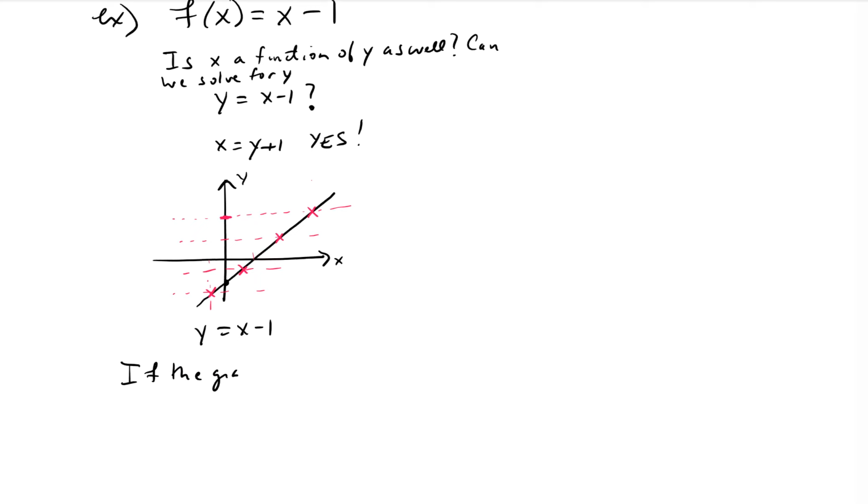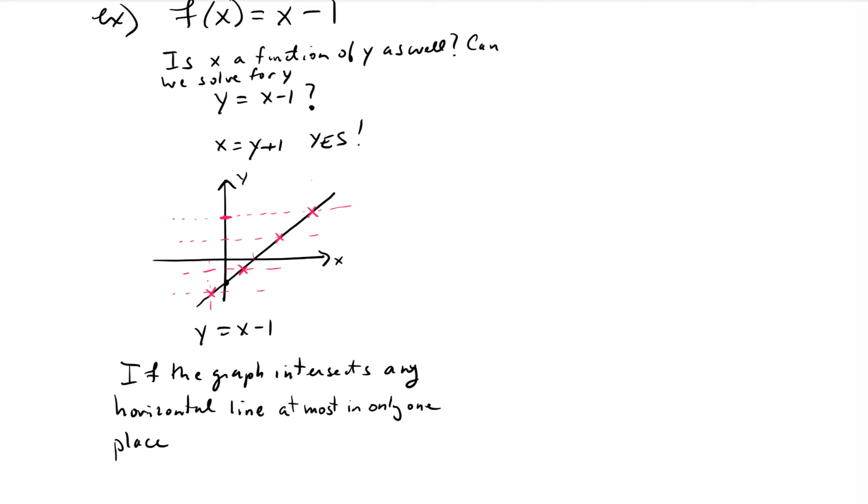If the graph intersects any horizontal line in, maybe I should say at most, only one place, then the function is 1 to 1. So this is called the horizontal line test.